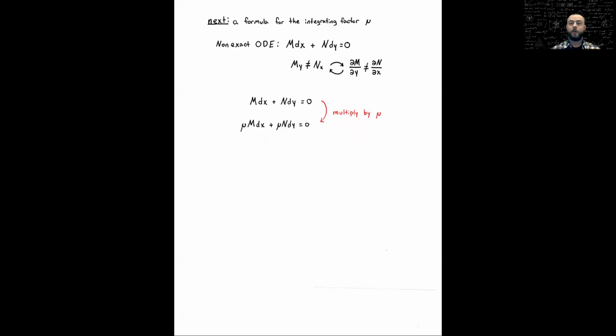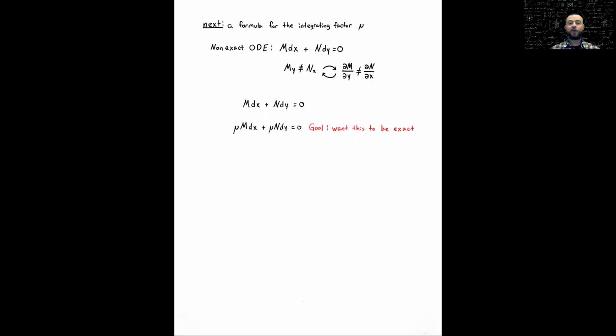All right. First, we're going to take our original differential equation. We're going to multiply it by a function of x and y, perhaps, mu. So we get this new differential equation, mu M dx plus mu N dy equals 0. Our goal is to figure out the correct formula for mu so that this new equation is exact.